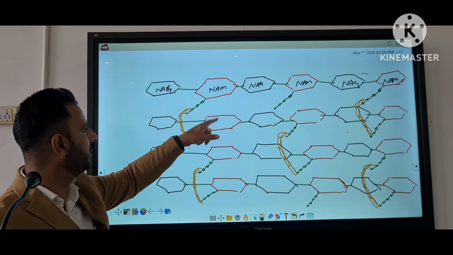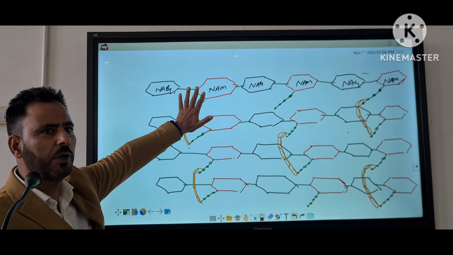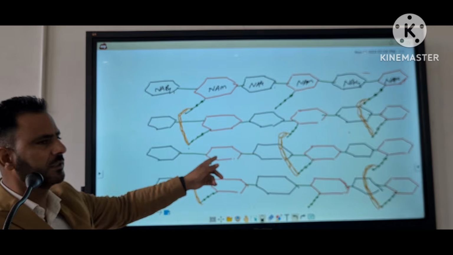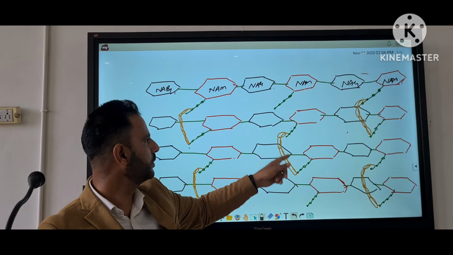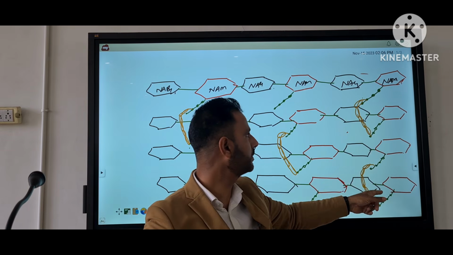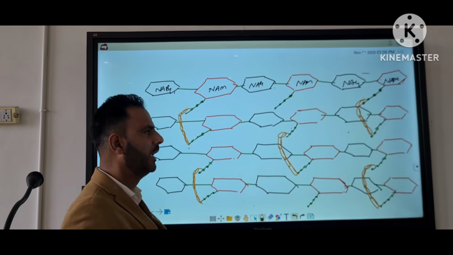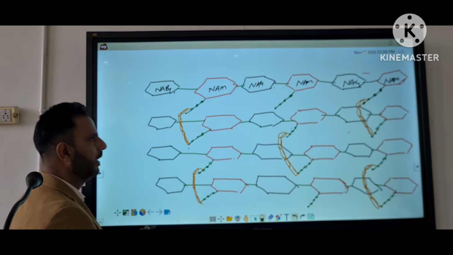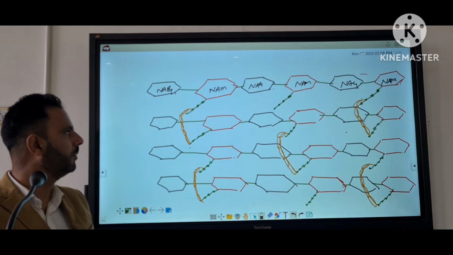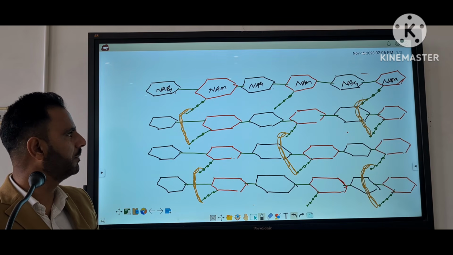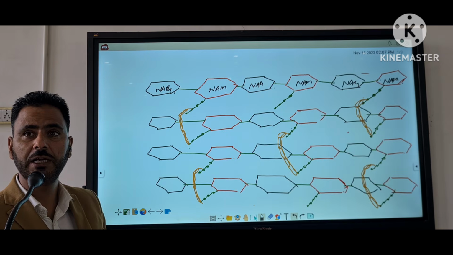If a NAM has participated, it will participate once. Then you have to take another one. Suppose this and this has participated. Not all. We call this phenomenon pentaglycine interbridge formation.